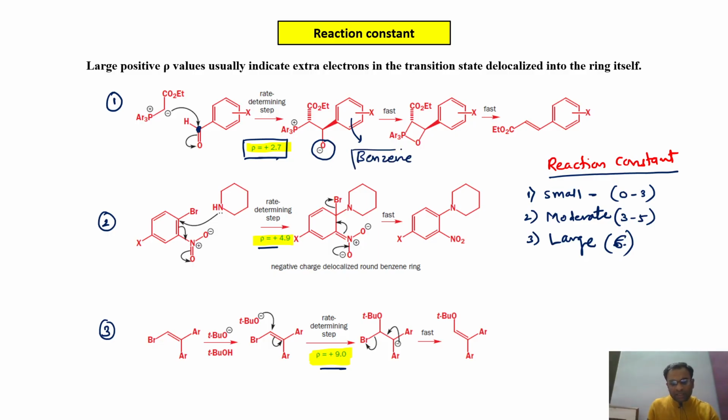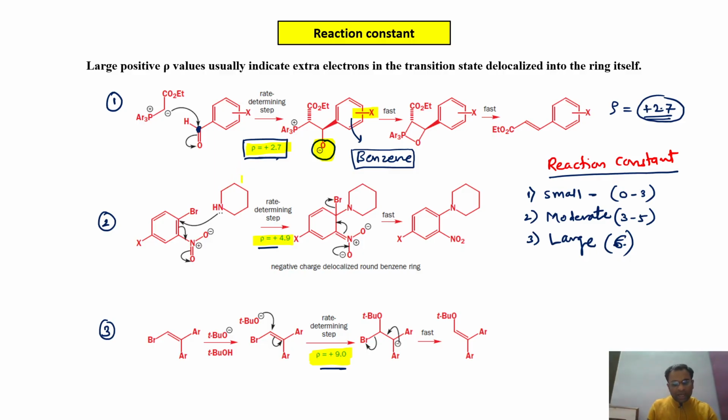And as this negative charge is not in conjugation with the benzene ring, this reaction has a small rho value. This is because the negative charge is not delocalizing with this benzene ring, and therefore the effect of this substituent in stabilizing this conjugate anion is small.